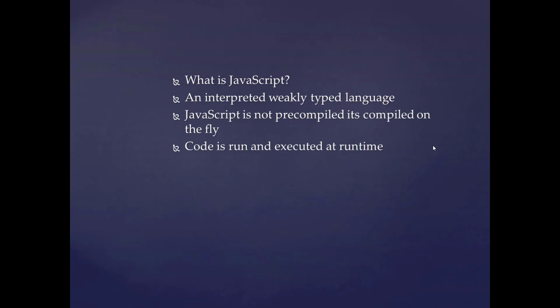On the other hand, JavaScript is compiled on the fly, meaning while you run it, the code is executed line by line, on the go. That is, JavaScript is executed at runtime. JavaScript is also a high-level language, meaning the language is a bit far from the machine in comparison to low-level languages like C and C++. If you want to study more, you can go to Google and search.